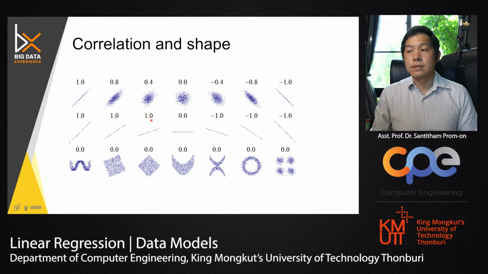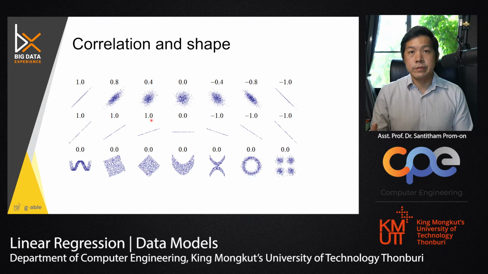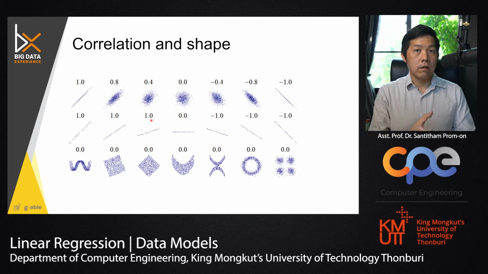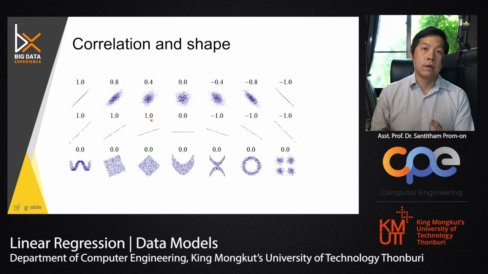This can happen, for example, if you have data from a sensor that doesn't change at all, then the correlation between that sensor and others would be 0 because it doesn't change. You cannot measure the correlation of change. Correlation measures the change of one variable relative to another variable.